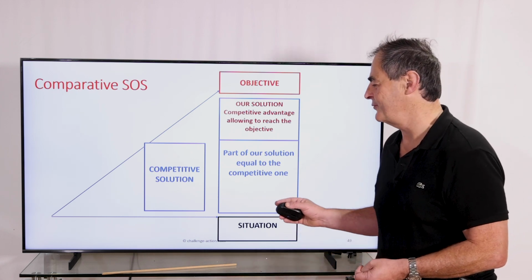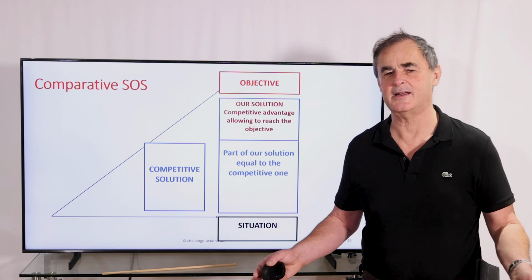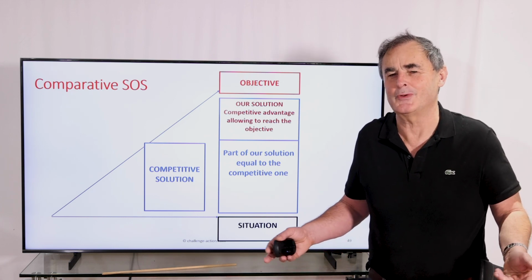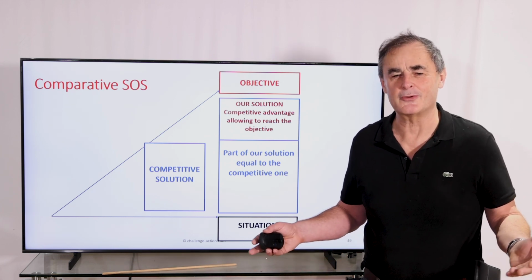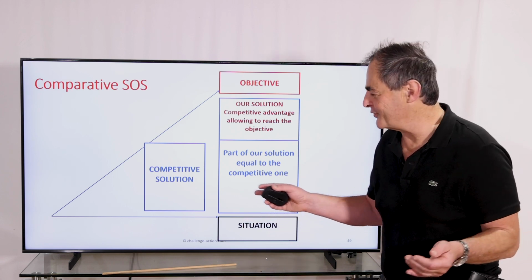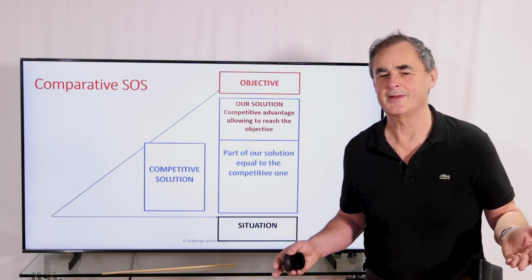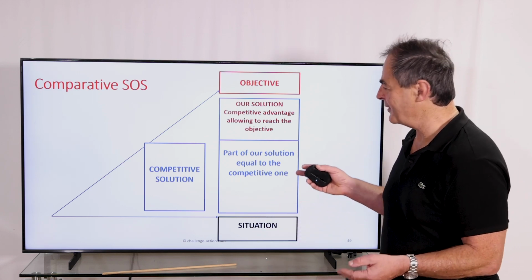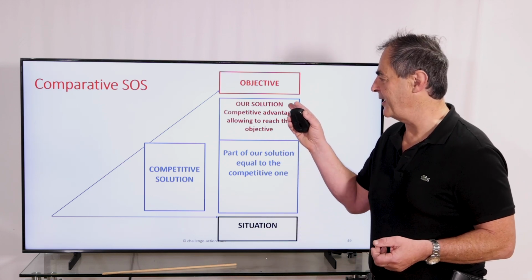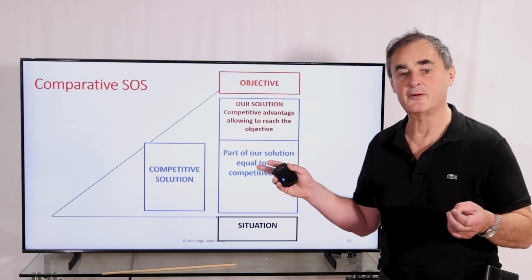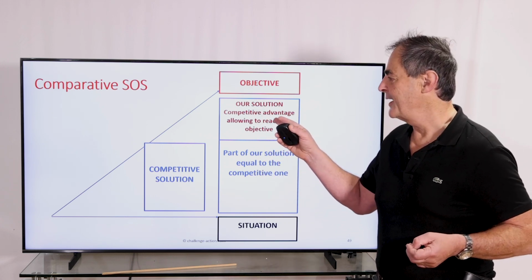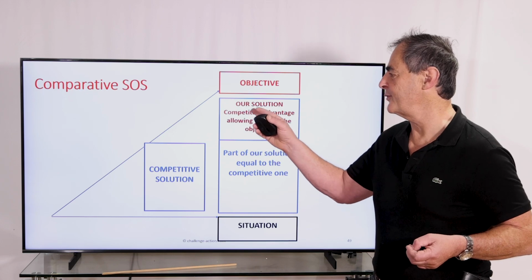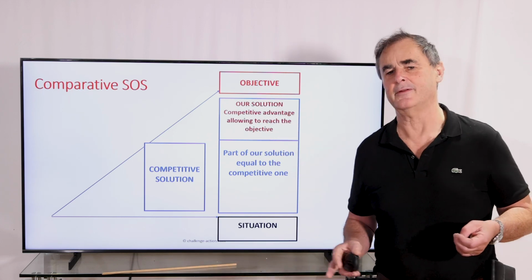So you admit, you accept that there is another competitor, and you are going to do even better. You're going to say it's true that a part of our solution is exactly the same, because in general, when there is a competitor, there is always a core of the solution which is pretty much the same. But you want to admit that, so that afterwards you are stronger in explaining that you have a few characteristics in your solution that only allow the client to reach his objective.